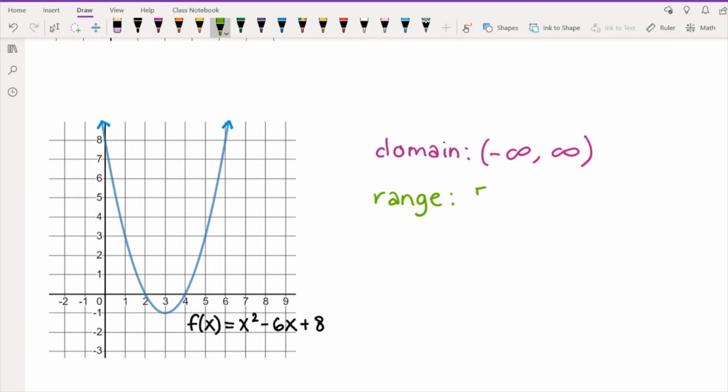And so the very first value in the range is going to be -1. And then if we keep scanning upward, we can see that the graph just keeps going and going. We have this arrow, we know that the graph is going to keep going off the page, up and up and up. And so there is no upper bound of the range. The range is going to go up to positive infinity.